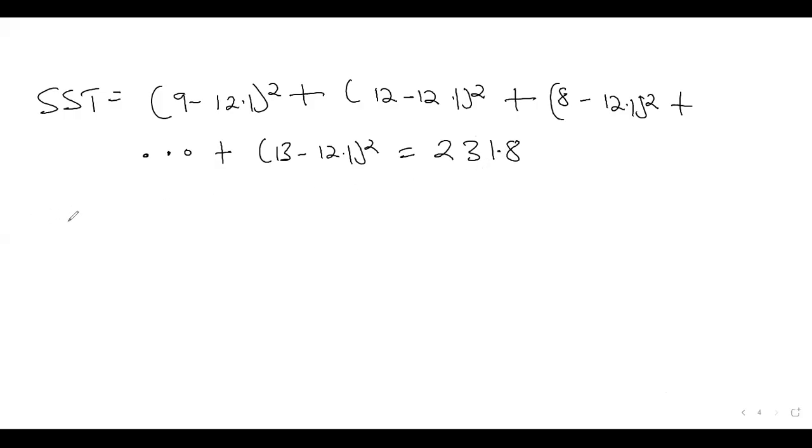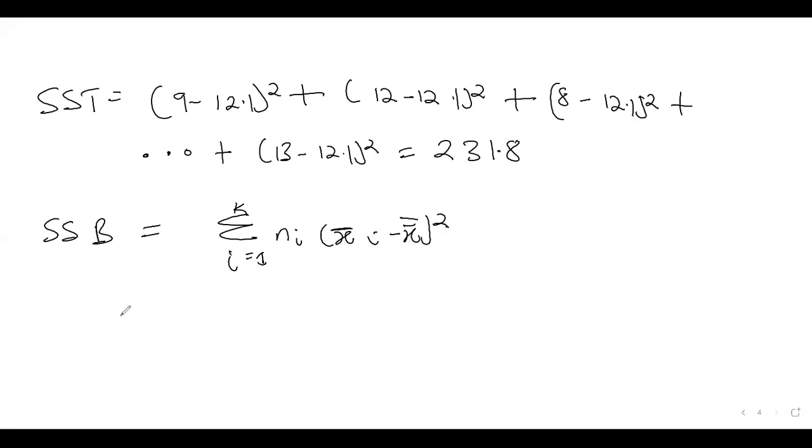Now, another thing we need in our analysis is sum of squared between. For sum of squared between, we have sigma as i runs from 1 to k, ni, into brackets, sample mean i minus the grand mean, squared.